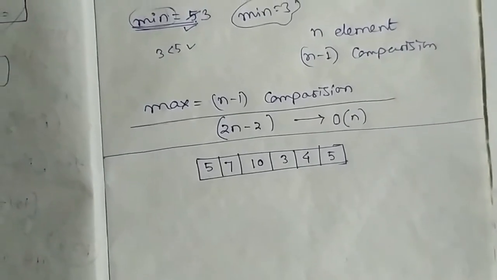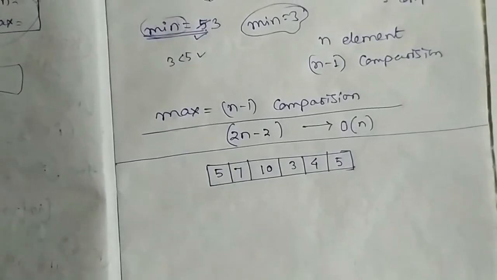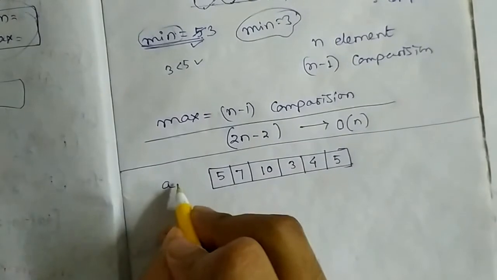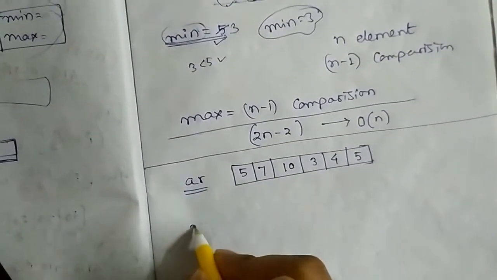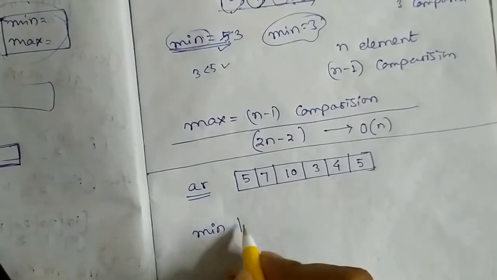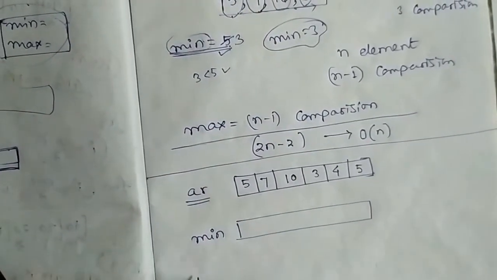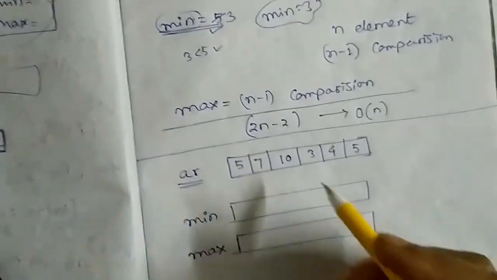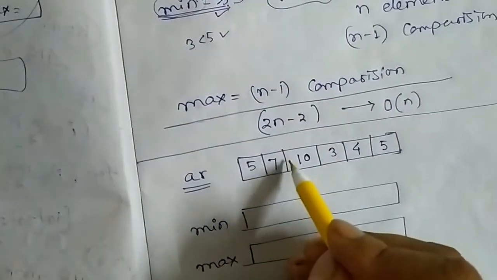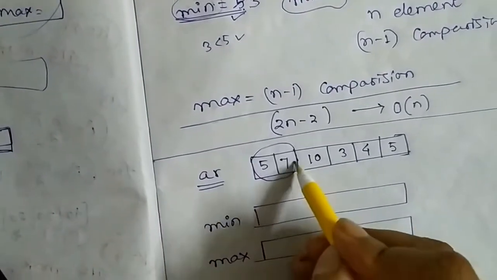To reduce the number of comparisons, there is a way. So this is my array and I am taking two extra arrays, one is min and the other is max.